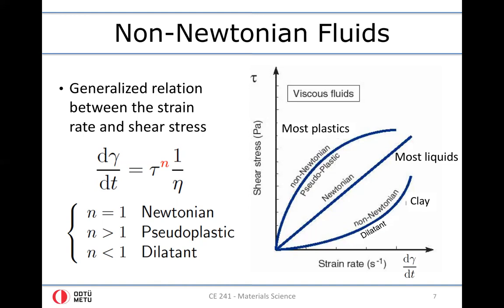So non-Newtonian behavior of the fluids generally arises from the structural organization of the fluid molecules due to the flow. For example, in polymer melts or solutions, we have polymer chains, and when these chains align in an anisotropic way, in other words, in the direction of the flow, this might result in pseudoplastic behavior, in other words, shear thinning.